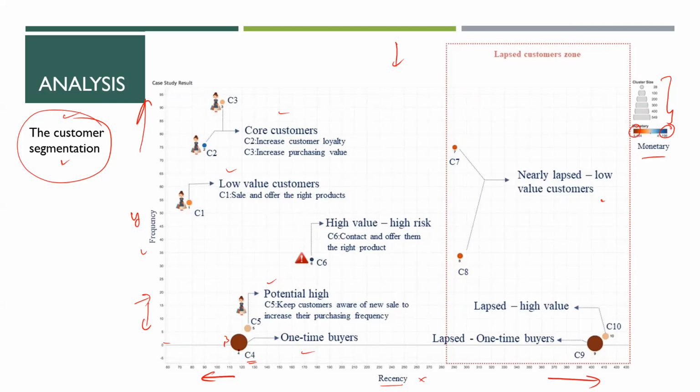So we can identify customers in cluster 4 as one-time buyers or new customers, because they came a few times recently, but they only spend a small amount of money in the store.